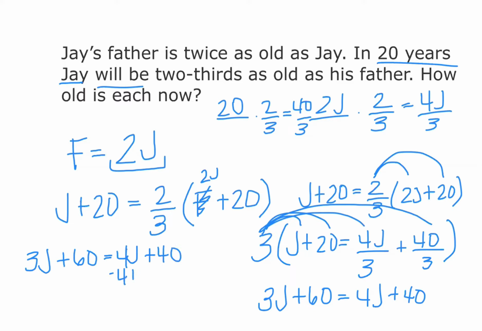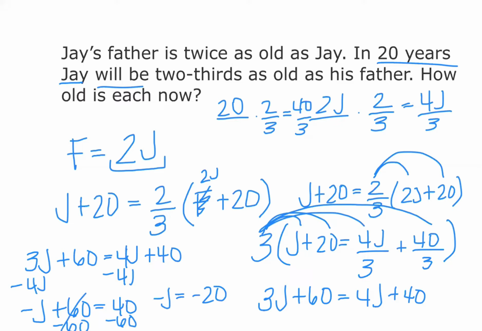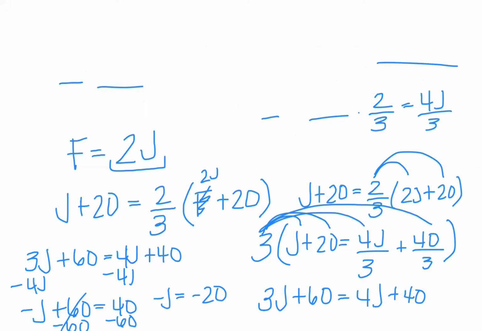All right, so I'm going to minus 4J, minus 4J. That gives me negative J plus 60. And minus 60, minus 60. That gives me negative J equals negative 20. This cancels out.